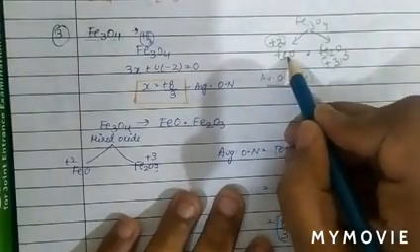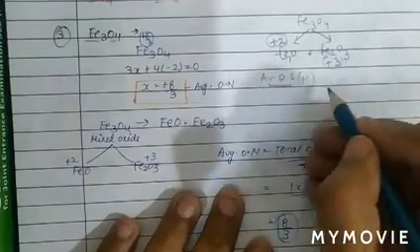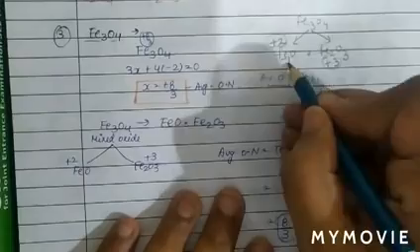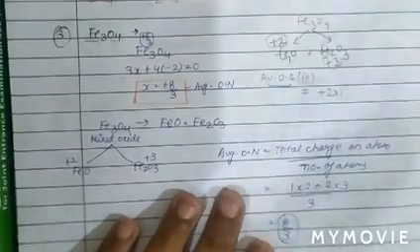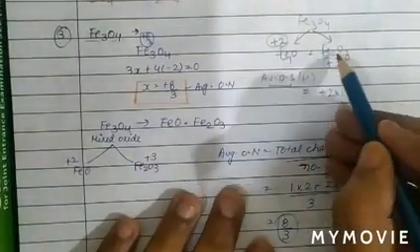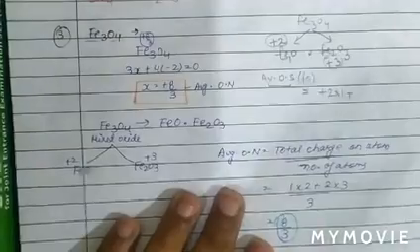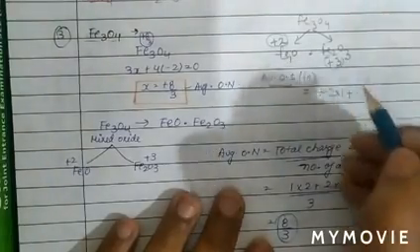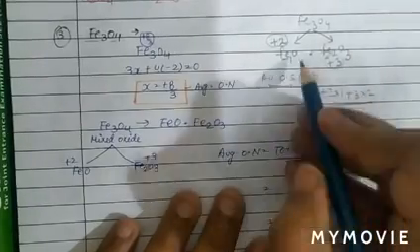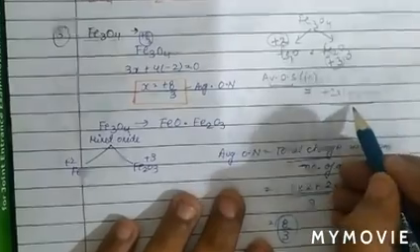There is one iron atom with oxidation state +2, plus two iron atoms with oxidation state +3, so +3 into 2, divided by the total number of iron atoms, 1 and 2, which is 3.